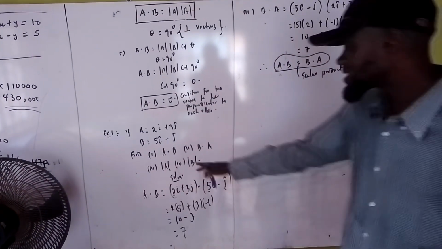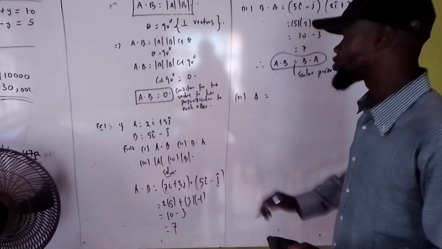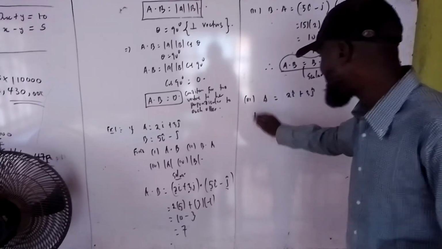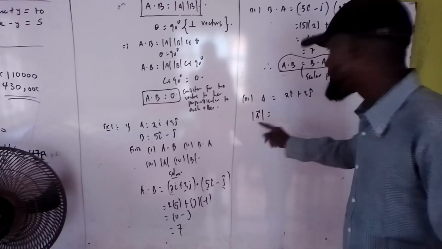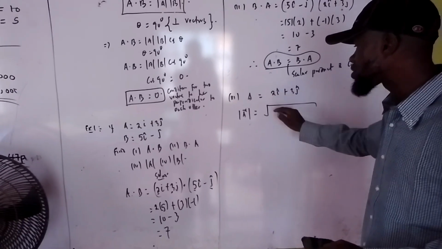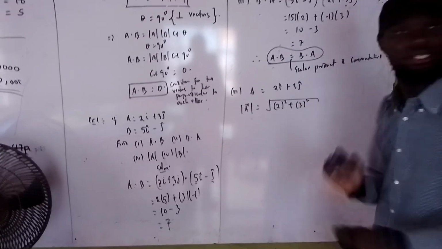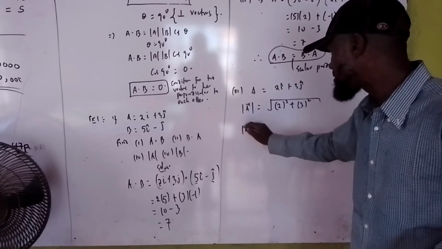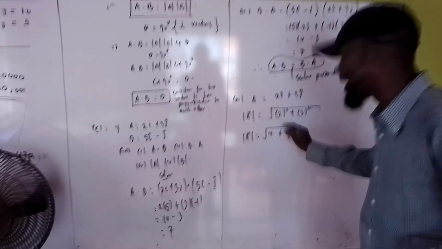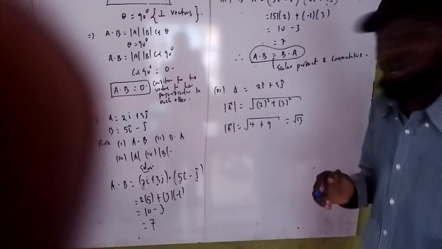However, we can get the magnitude of A and the magnitude of B. You are given our vector A to be 2i plus 3j. So the magnitude of A is the square root of the coefficient of i, which is 2, squared, plus the coefficient of j, which is 3, squared. So your magnitude of A is the square root of 4 plus 9, which gives the square root of 13.